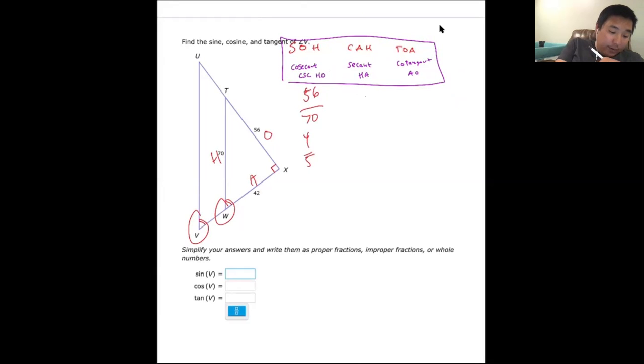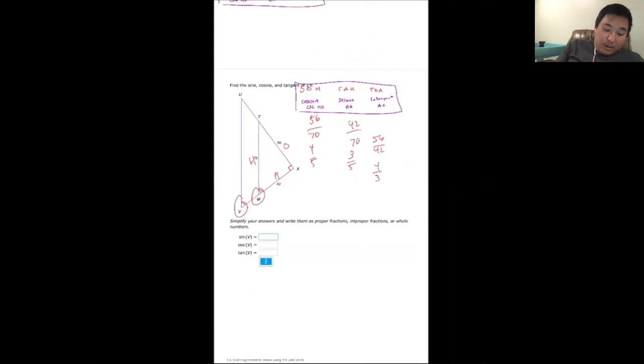And adjacent, 42 over 70, is 3 over 5. And then this is 56 over 42, which is 4 over 3. There you go. That is why.